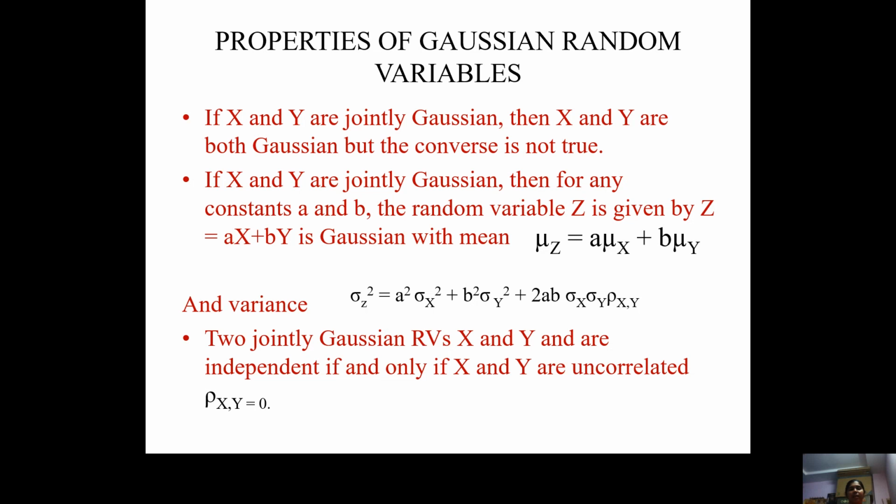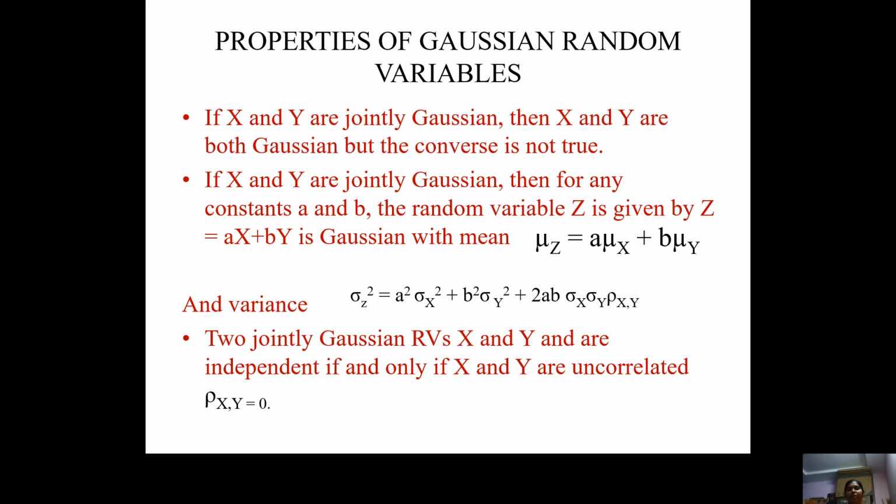If x and y are jointly Gaussian, then for any constants a and b, the random variable z given by z equals ax plus by is Gaussian with mean mu z equal to a into mu x plus b into mu y, and variance sigma z square equal to a square into sigma x square plus b square into sigma y square plus 2ab rho sigma x sigma y.